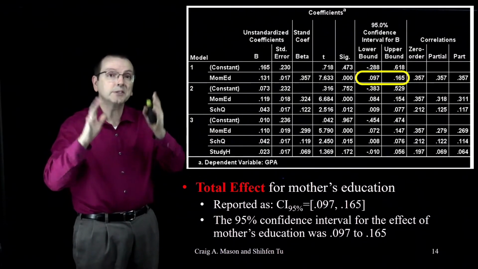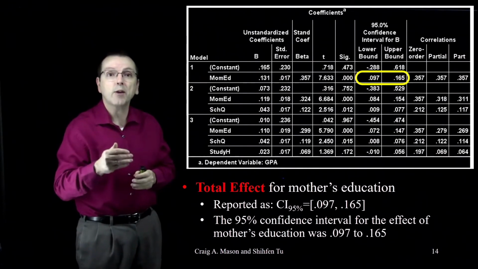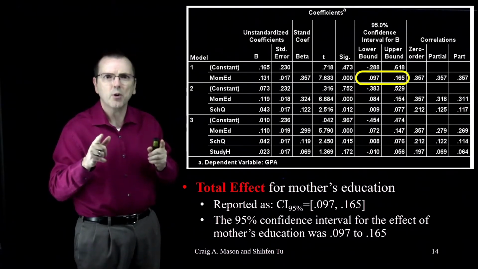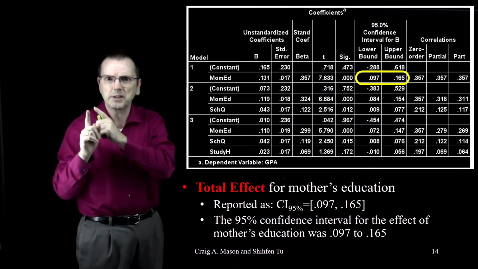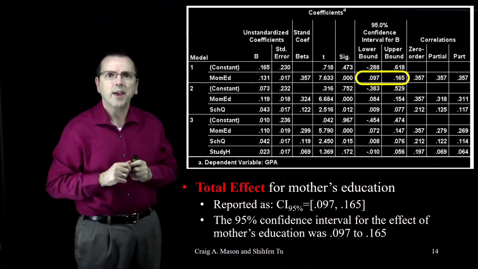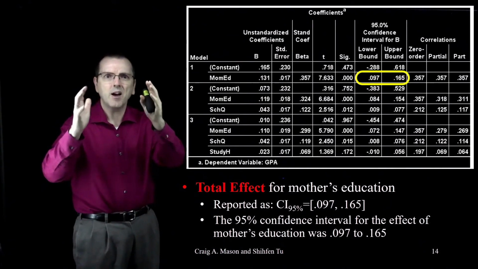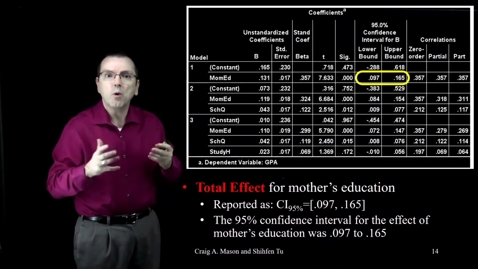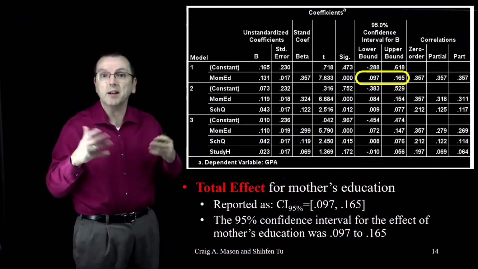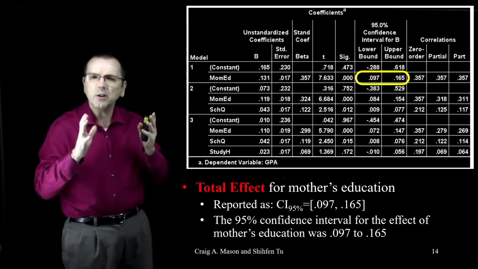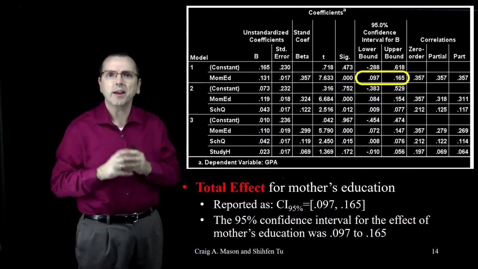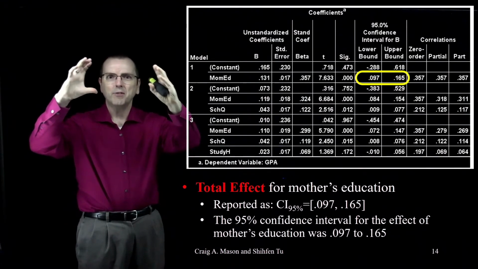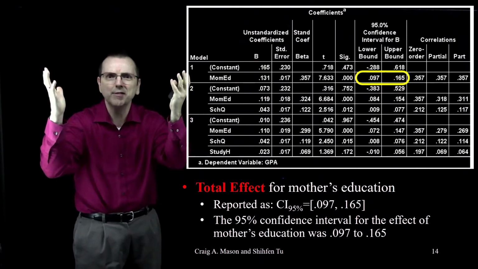Consequently, if the 95% confidence interval overlaps the value that we expect to see if the null is true, with regression coefficients, that's 0, we expect it to be 0 if the null is true, then if the 95% confidence interval overlaps 0, we know that we won't reject the null hypothesis with a p less than 0.05. I mean, how can you reject the idea that the population value is 0 if 0 is in the confidence interval where you expect to see the population value, right?